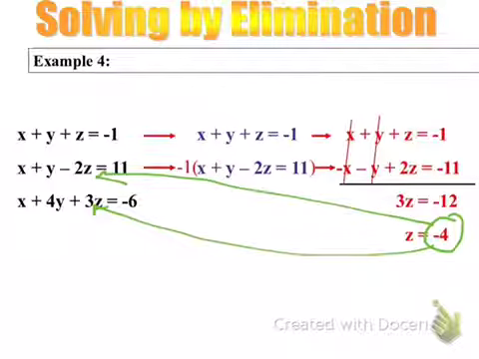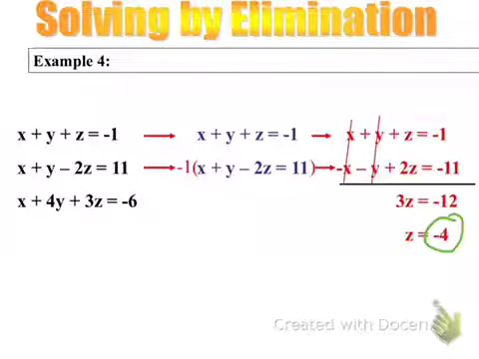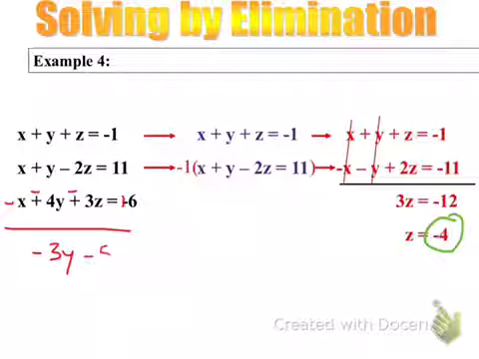And then we just have x and y left in those two equations, right? But you could also take these two equations down at the bottom, subtract those two equations. If you add those two together, now what do you get? Negative 3y minus 5z equals 17.